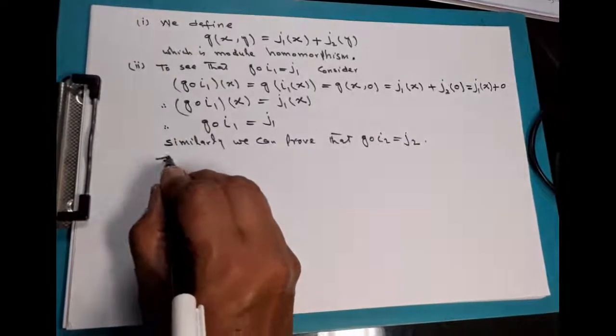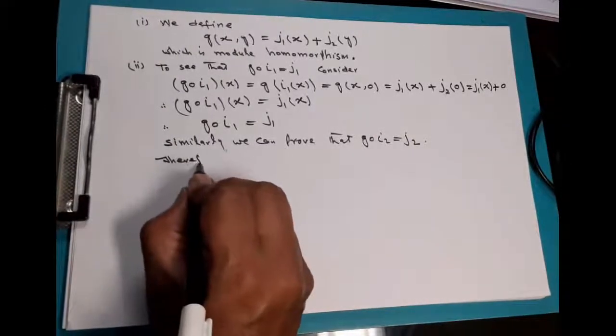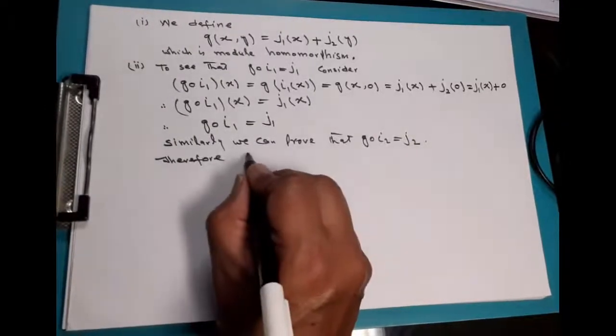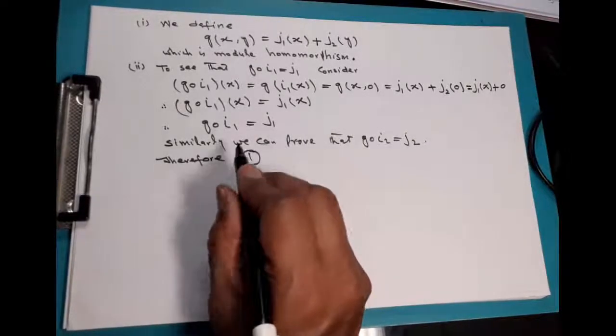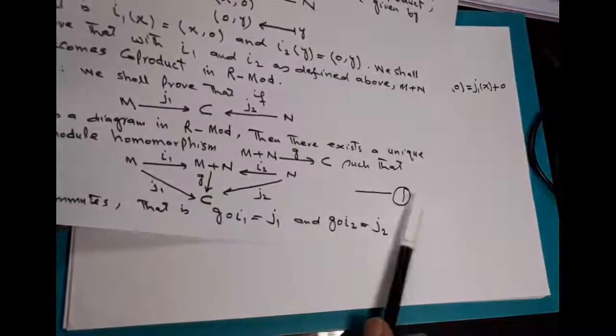Therefore the diagram we have called diagram 1 commutes.